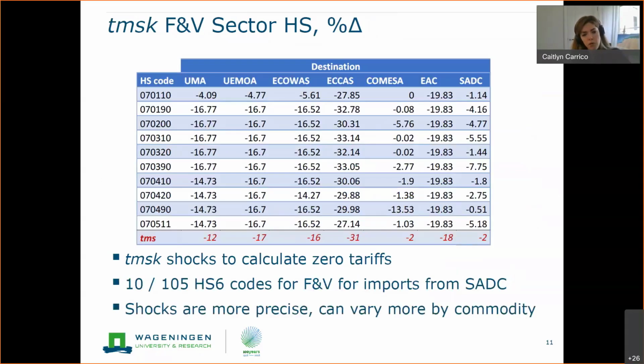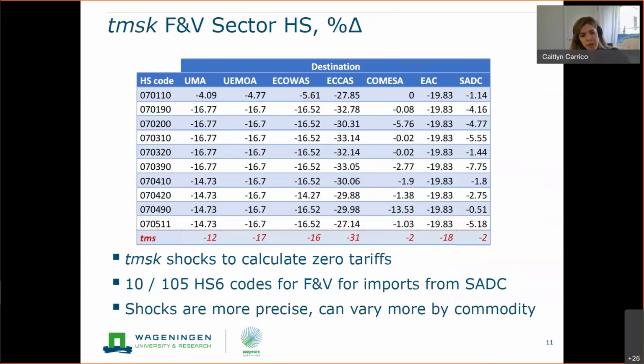Okay, so don't worry, there's a lot of numbers, but I'm going to walk you through it just to give an overview. So now what this table is showing is the TMS shocks. So these are the tariff shocks at the HS level in the HS module.